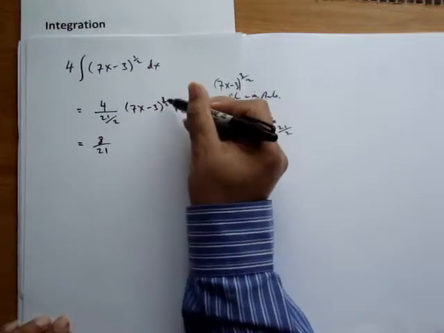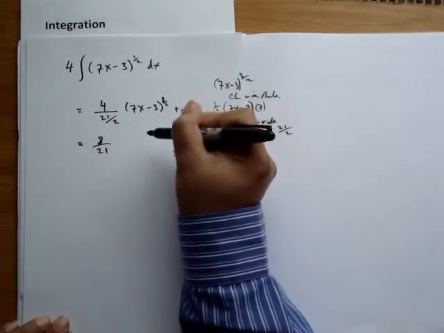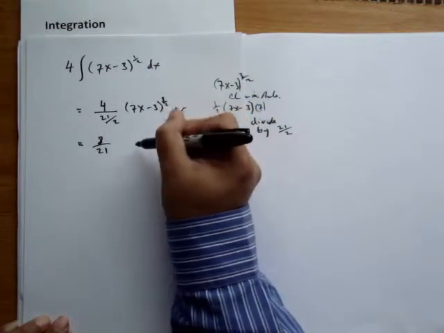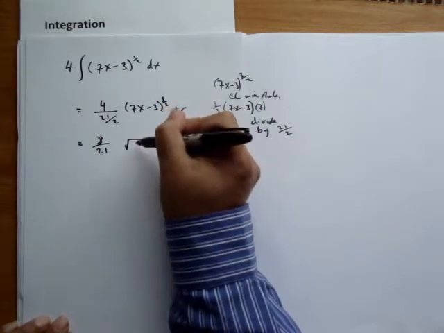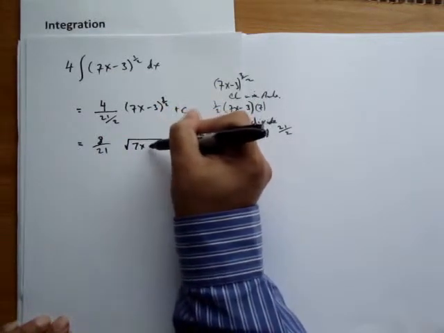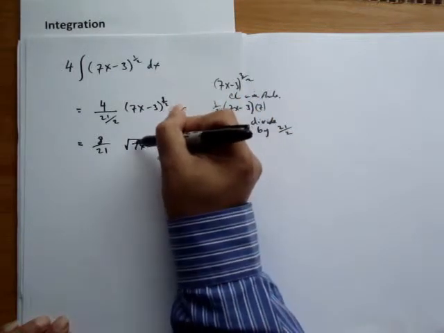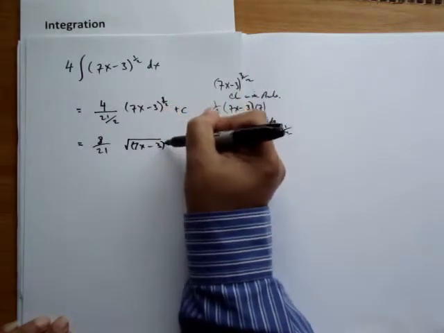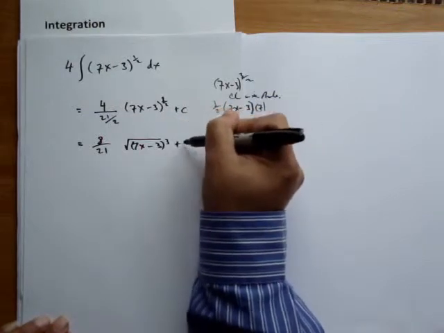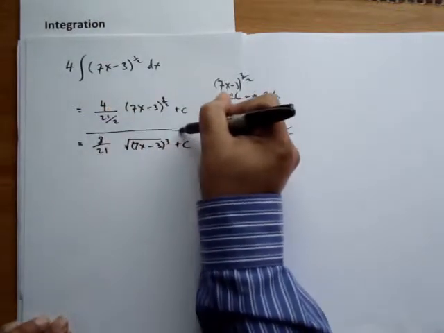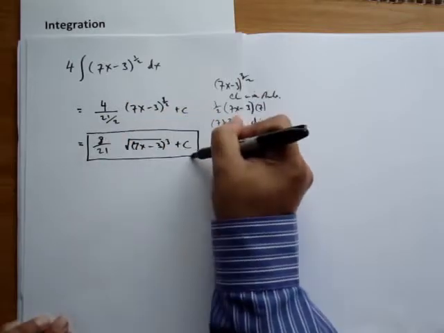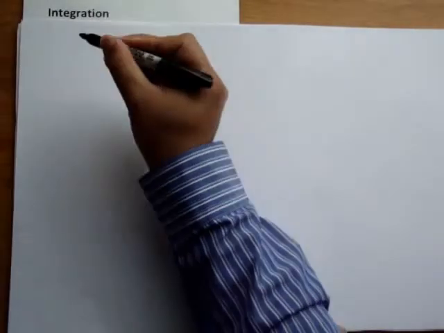And power 3/2 means it's the square root of (7x - 3) all to the power 3, plus c. And that is our answer. Rules of integration quite quickly revised.